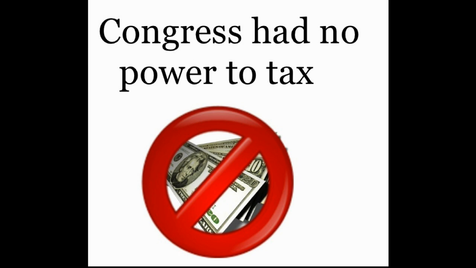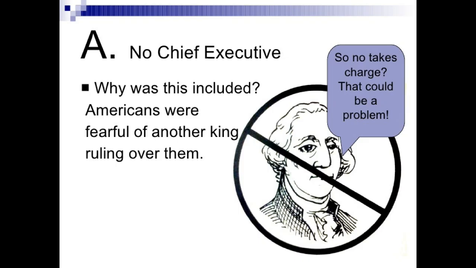If you don't have a source of revenue or money coming in, you can't have a national government. Second visual with George Washington represents that they created no chief executive. And if you don't have anybody to run or enforce those laws, again, you're not going to have a United States.